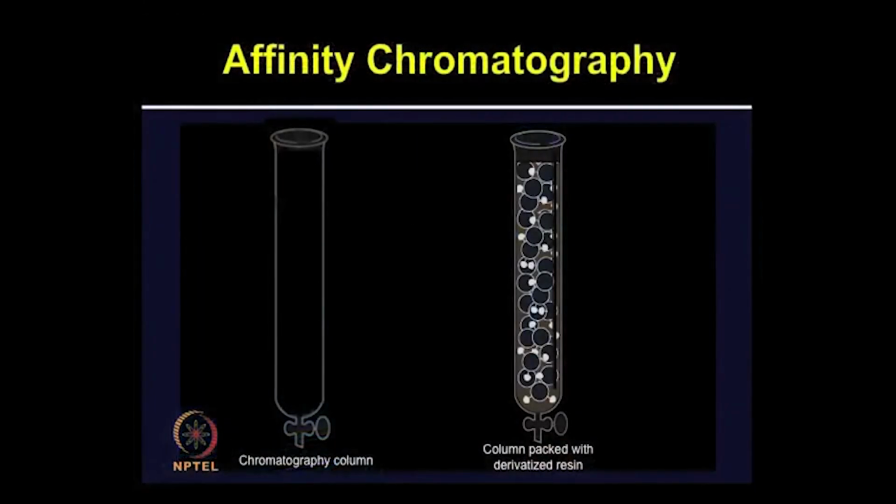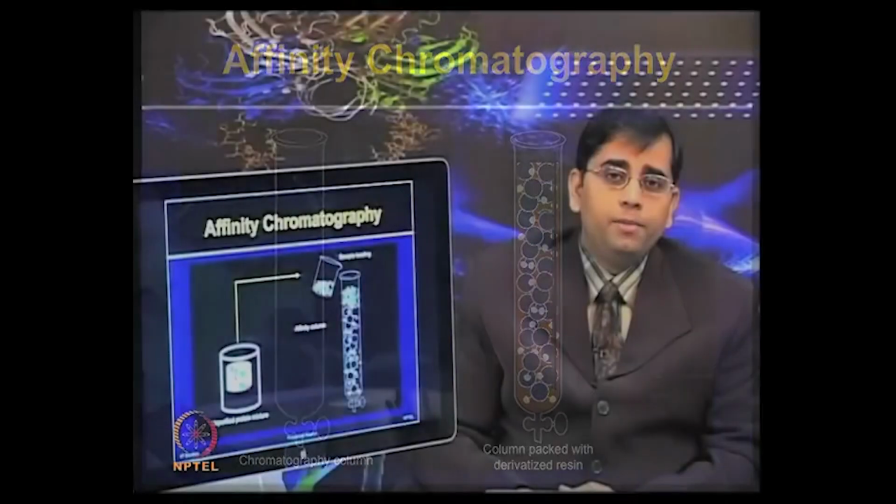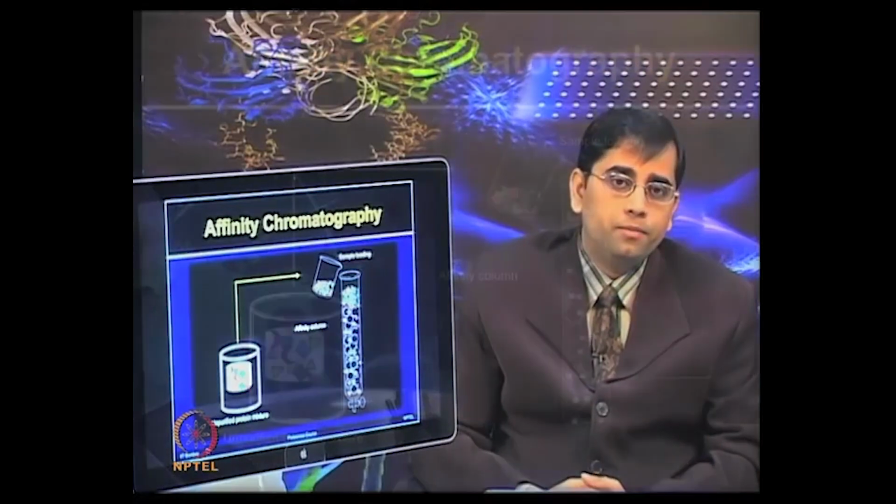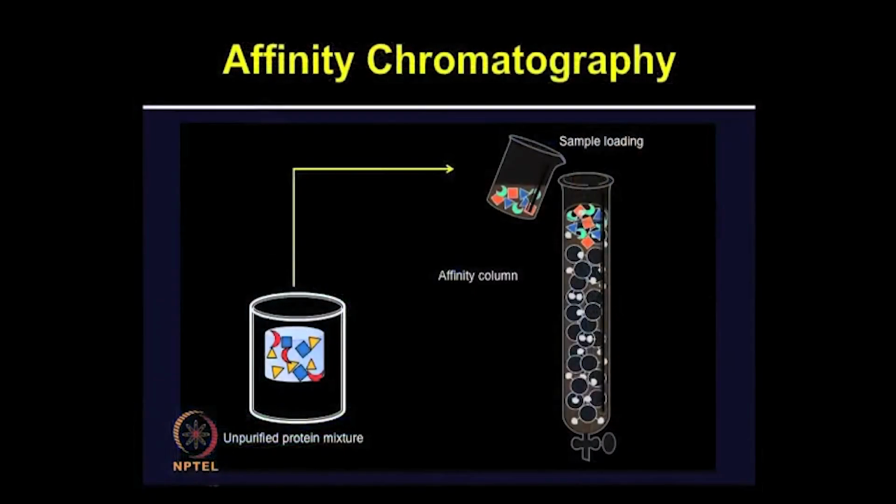So, in affinity chromatography, the column is packed with a resin which is covalently coupled to the ligand specific to the protein of interest. The protein mixture is passed over the derivatized affinity column. The protein of interest binds through a specific interaction, while all other proteins which do not interact will not bind.